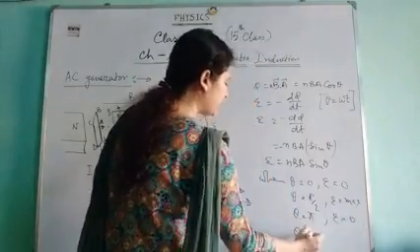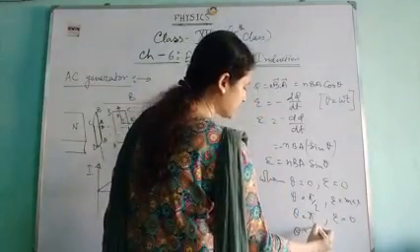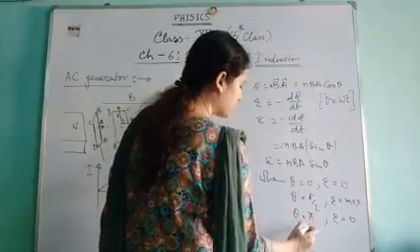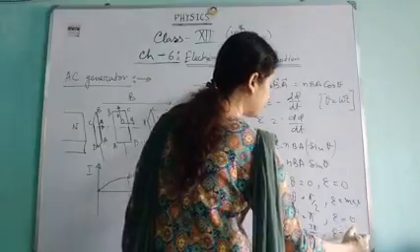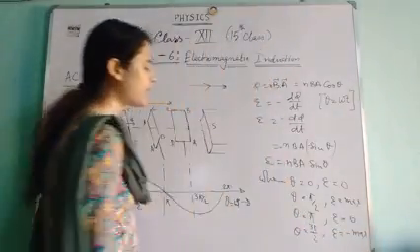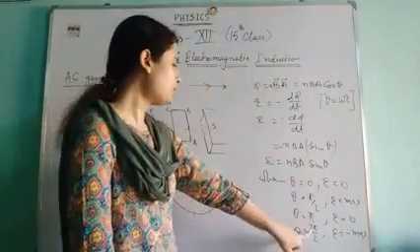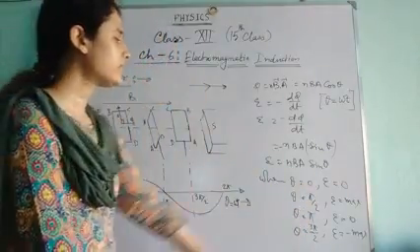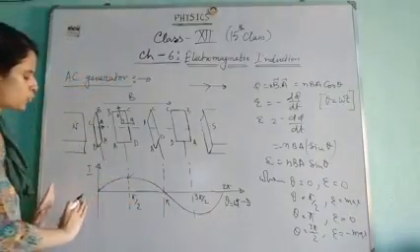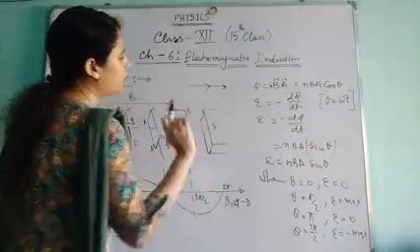And when theta equals 3 pi by 2, then it becomes the minus maximum value, and again when it comes to 2 pi, that means the 0 position, it will give us the 0 value, which has been shown with the help of the graph.